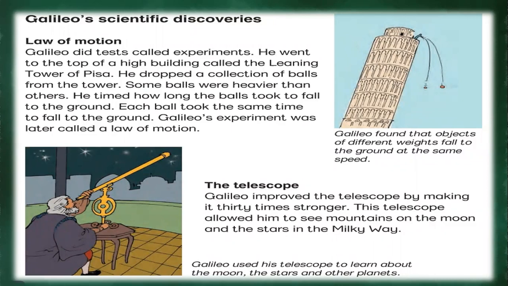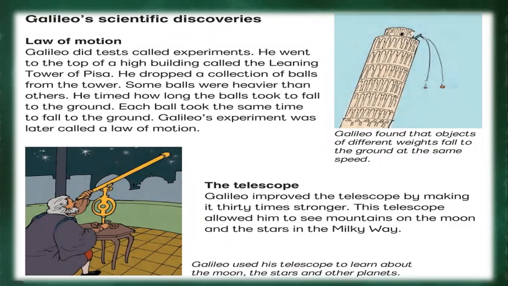Galileo found that objects of different weights fall to the ground at the same speed. The telescope. Galileo improved the telescope by making it 30 times stronger. This telescope allowed him to see mountains on the moon and the stars in the Milky Way. Galileo used his telescope to learn about the moon, the stars, and other planets.